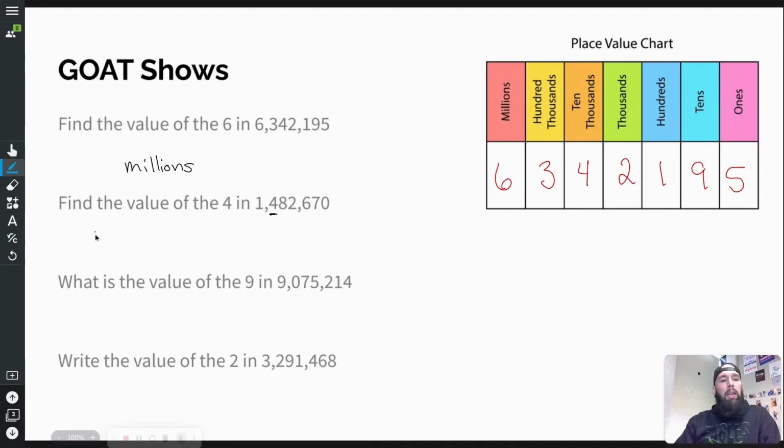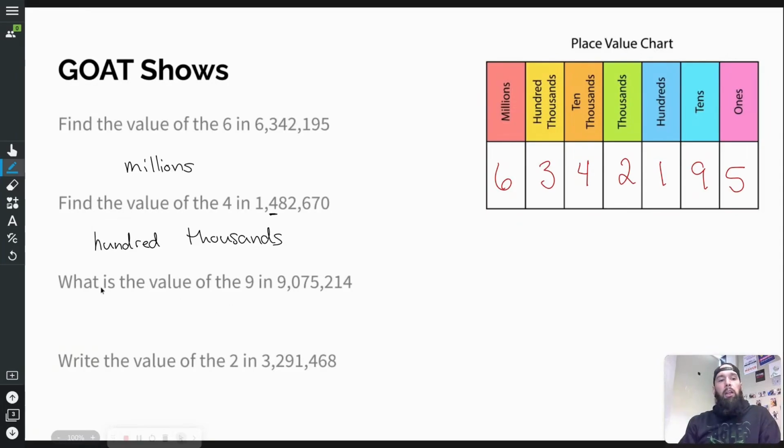So 4 is 100,000s. Remember, you go from the right and you go 1s, 10s, 100s, thousands, 10,000s, 100,000s, then millions.